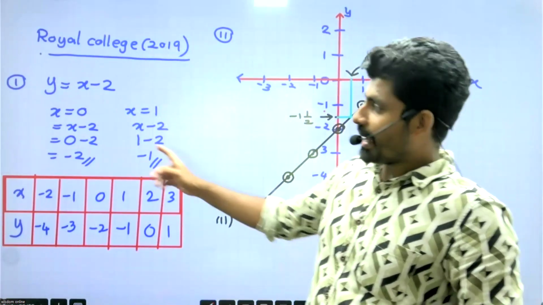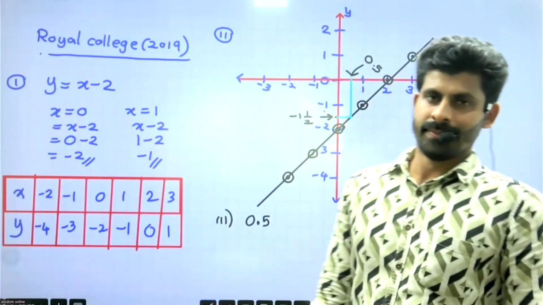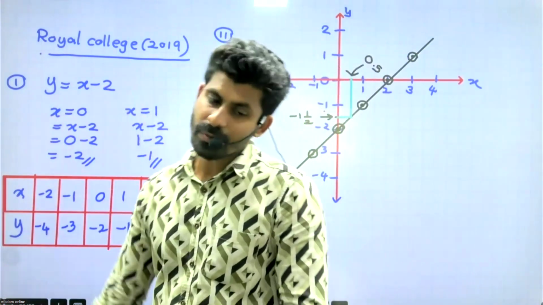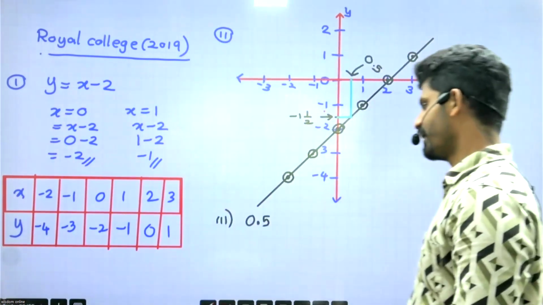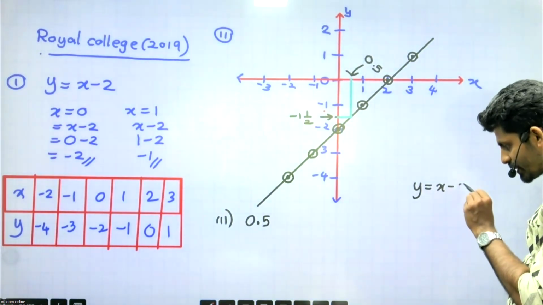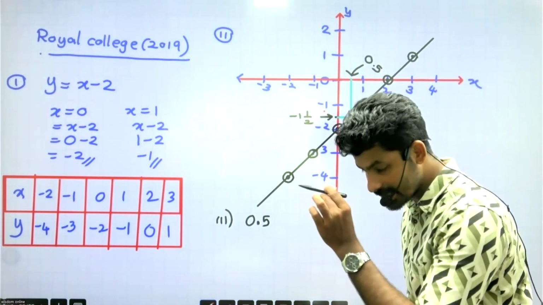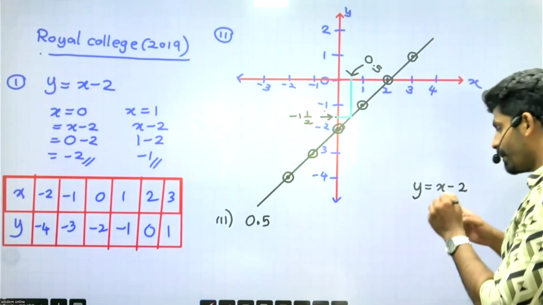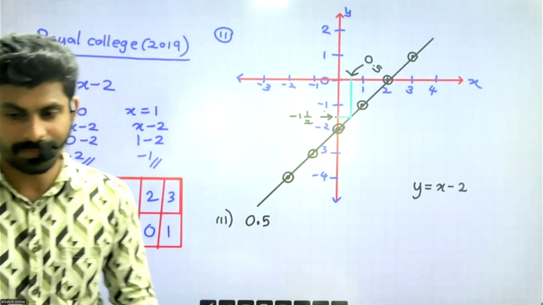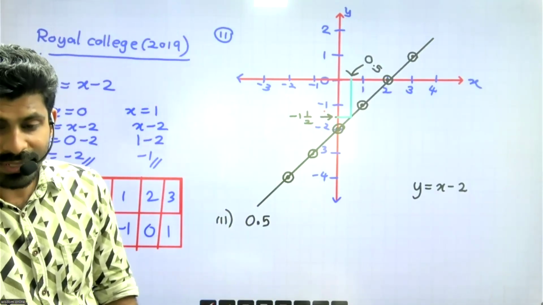So y equals x minus 2 is the equation of this graph, and the gradient is equal. But look at the point here.